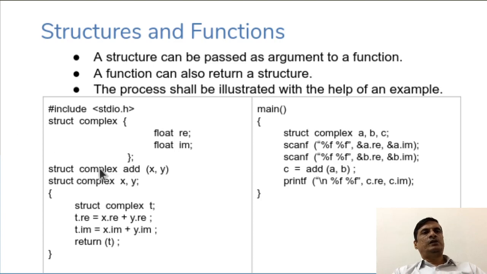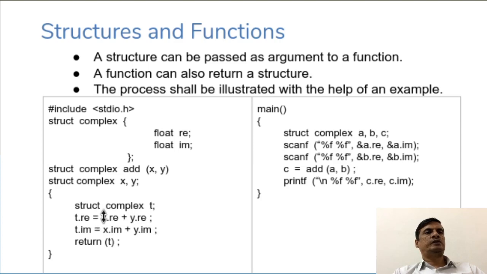You define a function add which adds two complex numbers, and it returns a complex number again. So add is a function which accepts two variables x and y. It will sum up those x and y and return another structure. That is what this structure does.